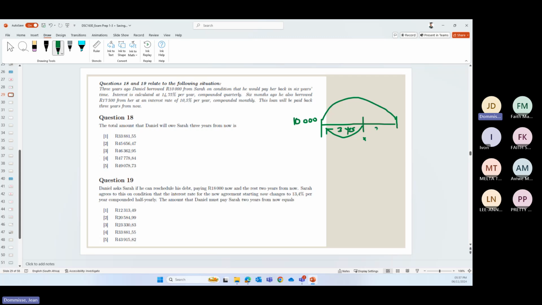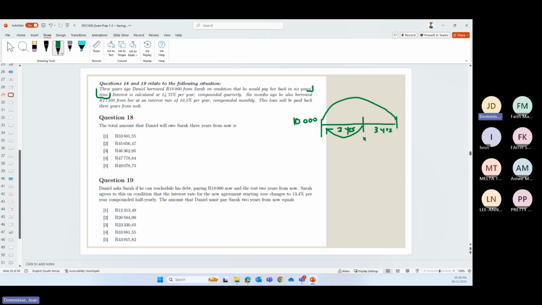So basically, we're sitting with a now, 3 years into the future, he needs to pay it back. He borrowed it 3 years ago. Okay, so that is that first component that we have put on that time frame.